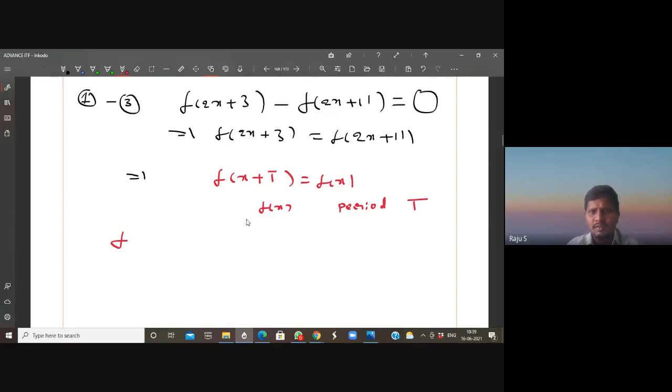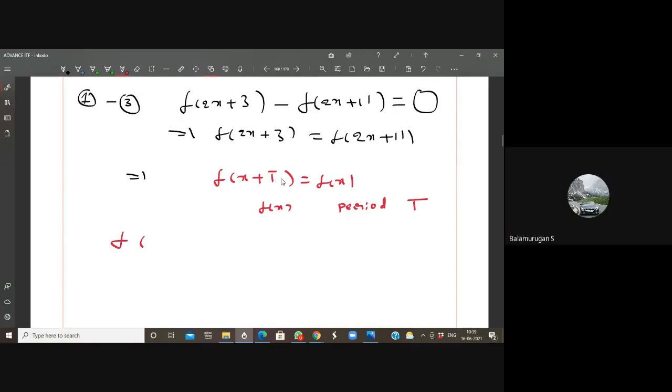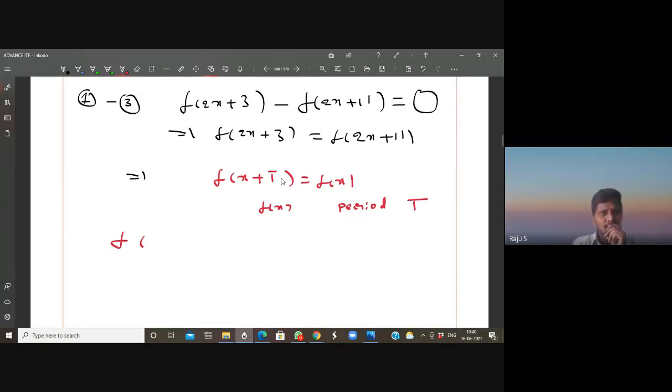From that, what is the periodicity? Can anyone tell what is the capital T value here? 8. Yes, is that 8? Is it 8, students?